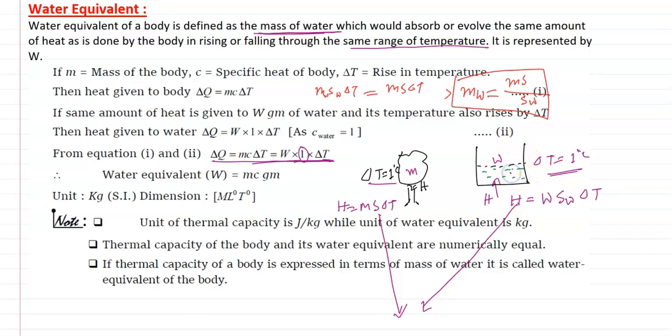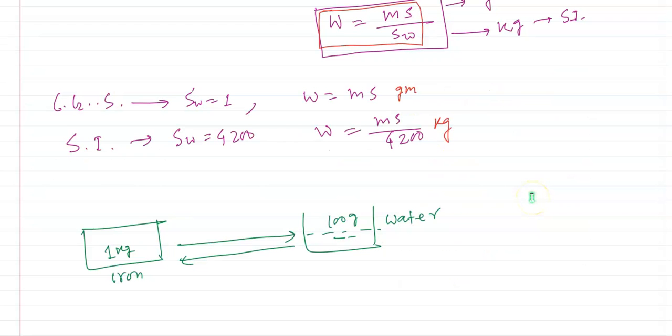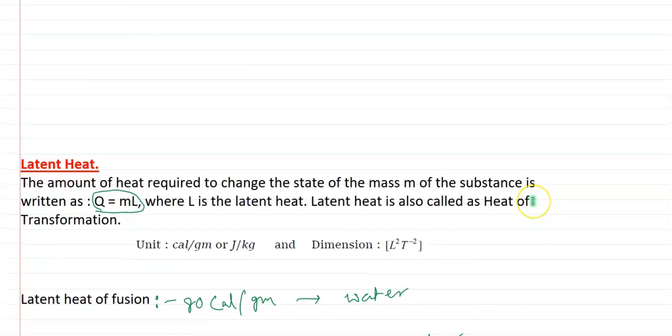If we want to increase its temperature by 1 degree C, we need the same H amount of heat. That means this substance of mass M is equivalent to water of weight W. Okay, that means the mass of water is equivalent to this substance. Its CGS unit is gram and SI unit is kilogram of water equivalent.